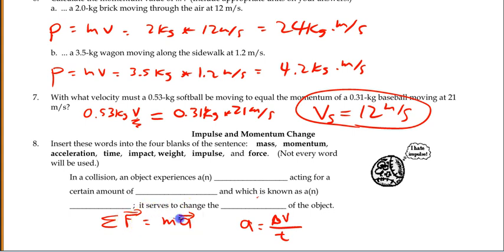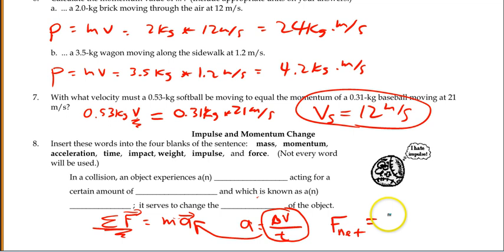So if I take this and put it in here, then the net force, and this means add up all the forces, whatever force is left over, acting on an object is equal to the mass of that object times its change of velocity divided by time.